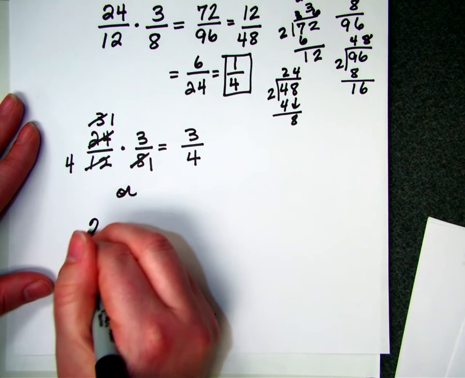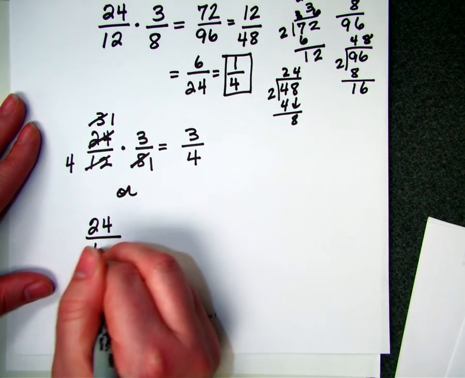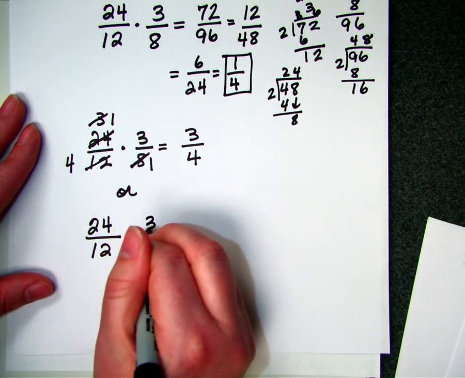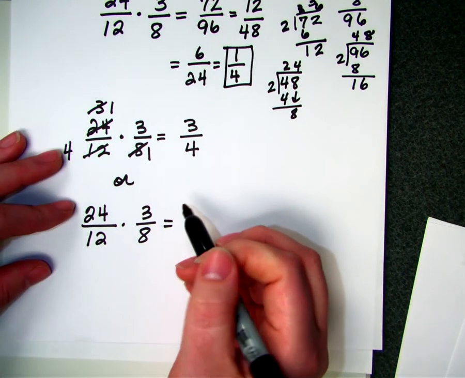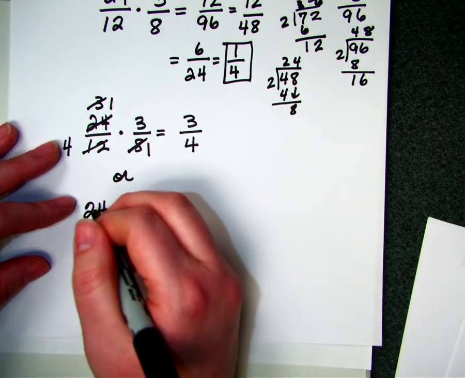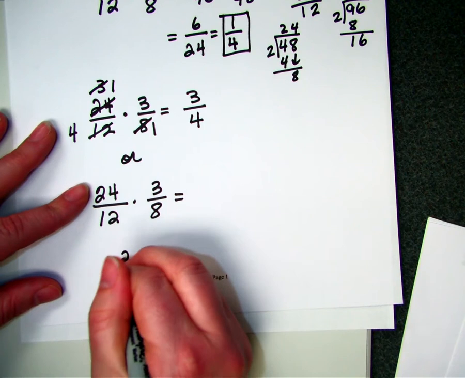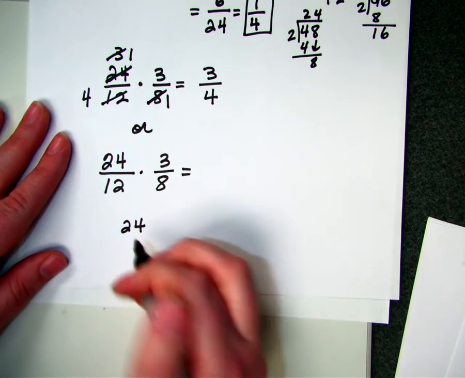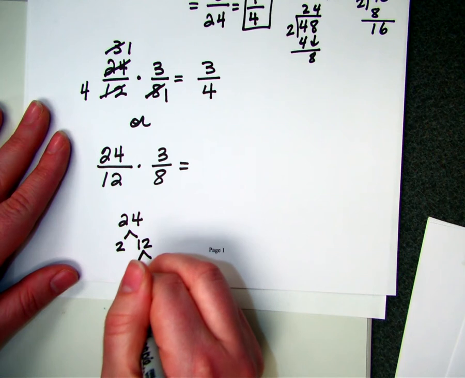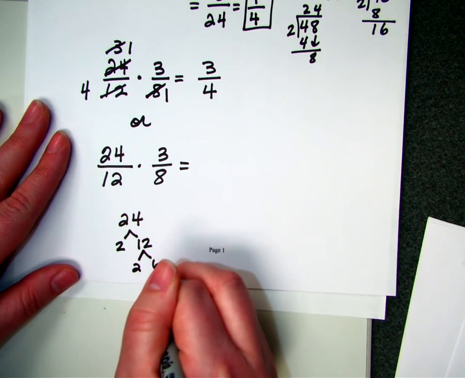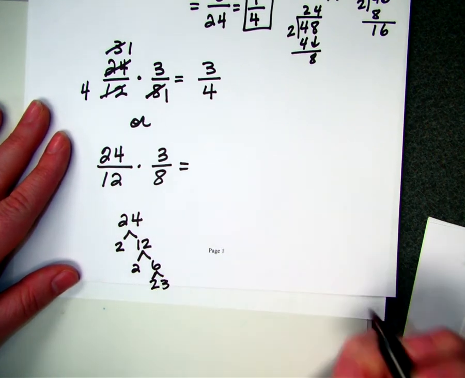Or I could have written it as 24 over 12 times 3 over 8 and just written it as a multiplication without actually multiplying anything. So 24, if we break this down, is 2 and 12, which breaks down to 2 and 6, which breaks down to 2 and 3.